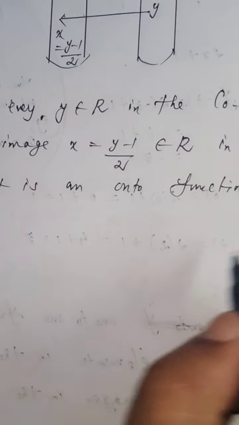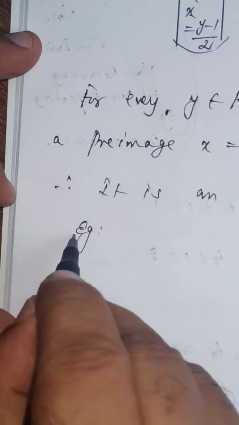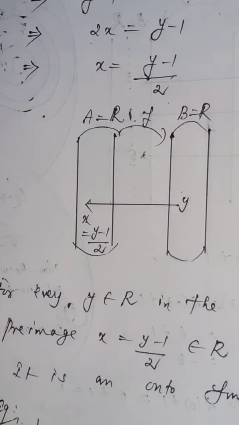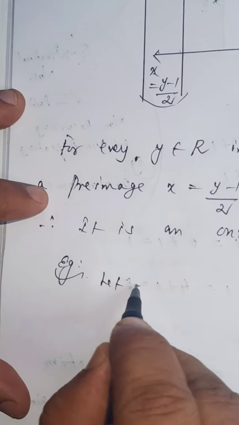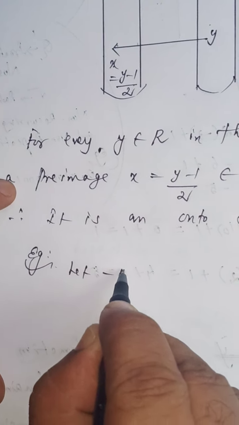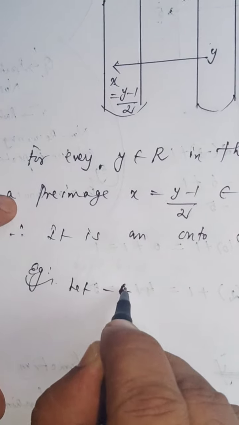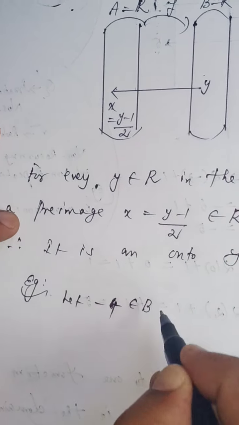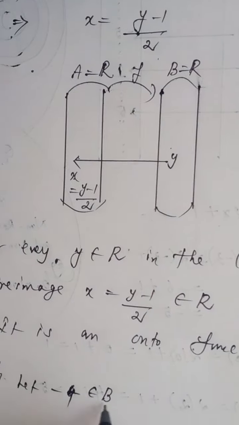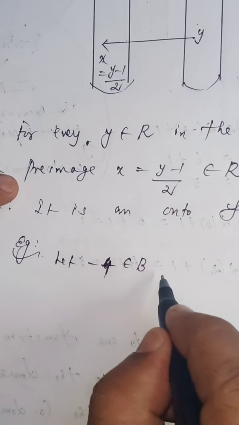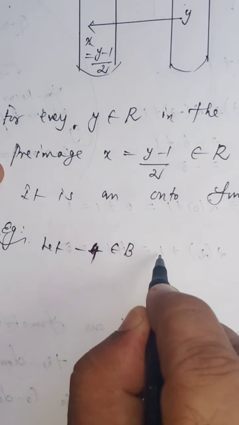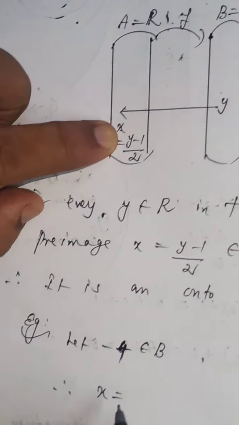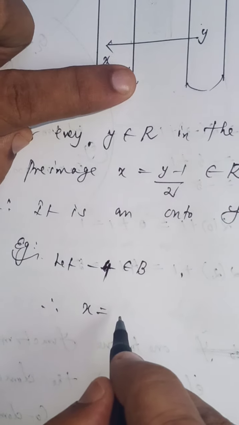For your reference, I take one example so you can easily understand. This is full of real numbers. I take any one number, let's say minus 5 or even minus 4. Minus 4 belongs to B, B refers to the codomain. Therefore, x equals y minus 1 by 2.